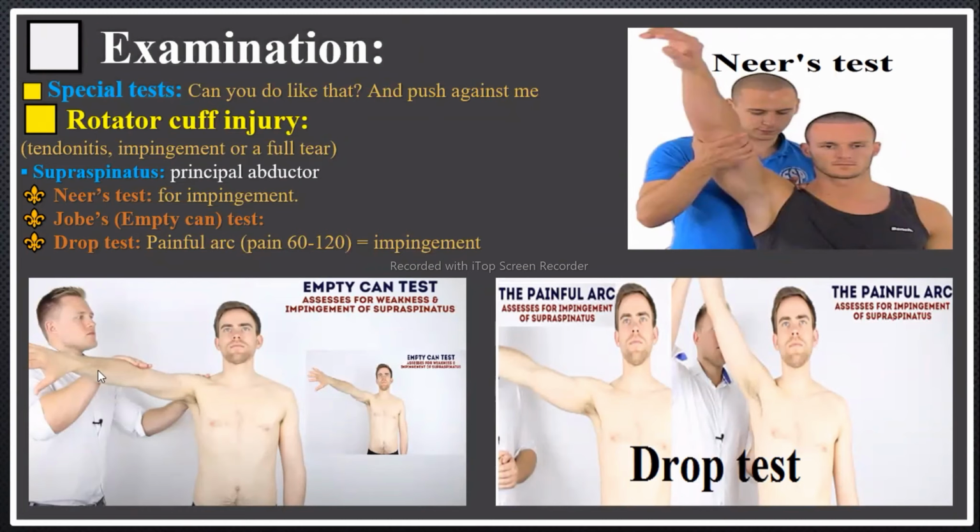So the direction of the arm is the same, but here the action is different. Here you will rotate his arm. It will be external rotation. So here, if the patient has pain, what does it mean?